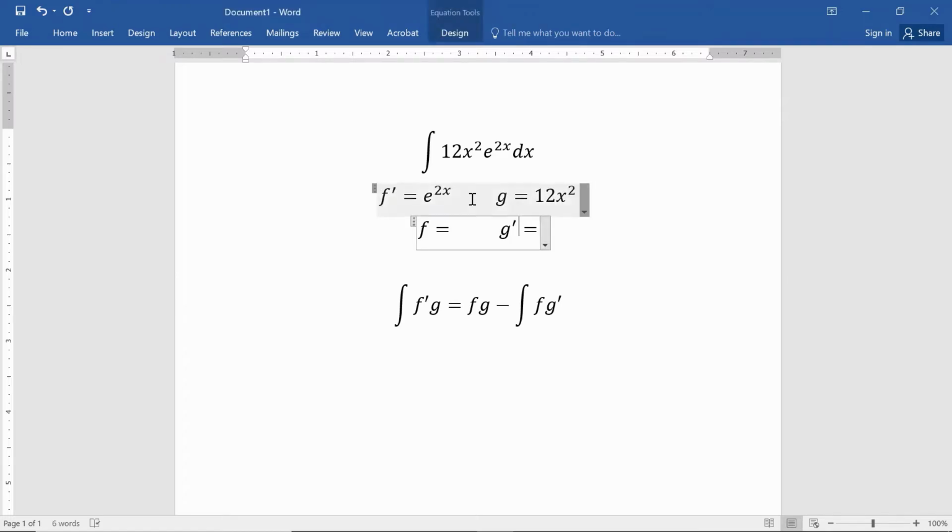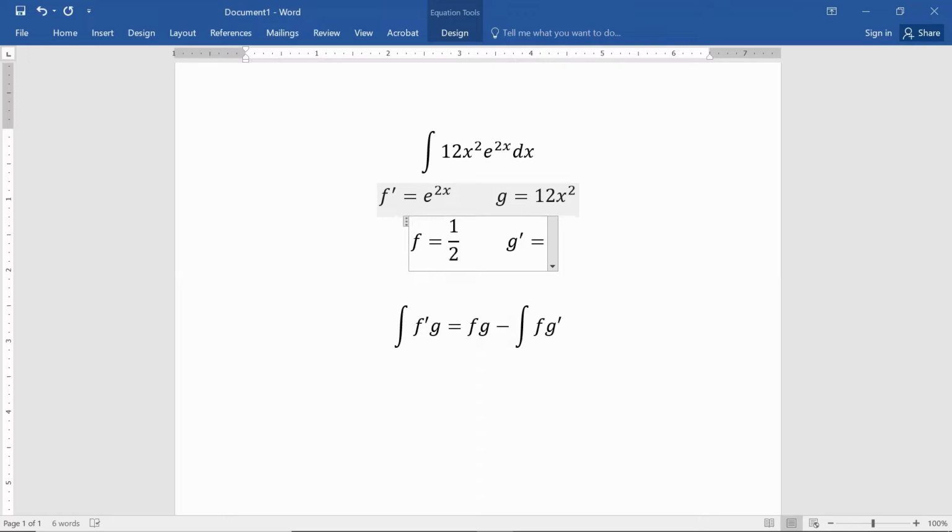When I take an antiderivative to get f, I need to take 1/2 e to the 2x. When I take a derivative to get my g prime, I get 24x.